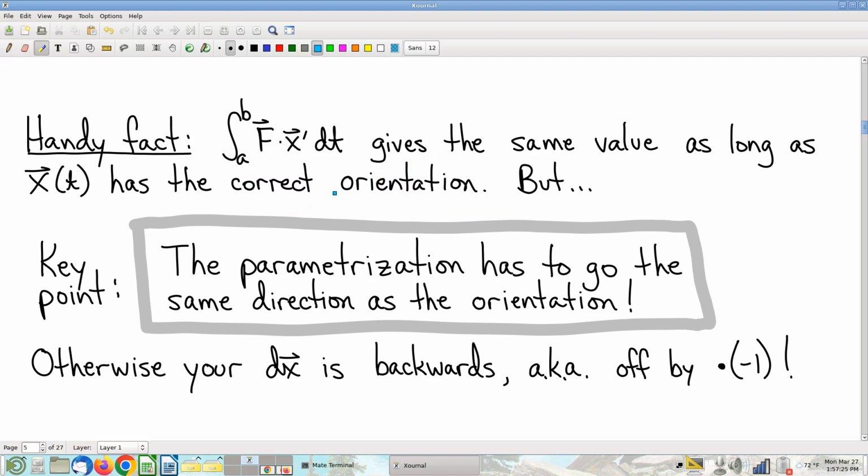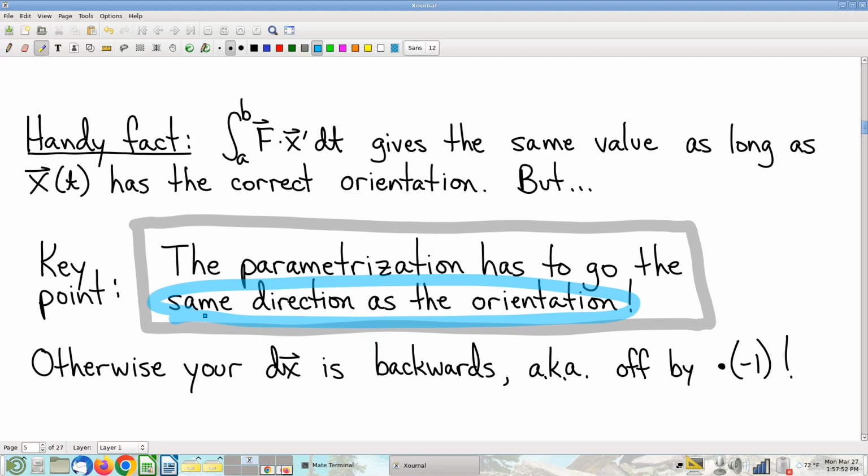So this is a sort of good news and heads up. The good news is it's largely independent of orientation. It's independent of parameterization. Just do keep in mind that you have to parameterize the right direction.